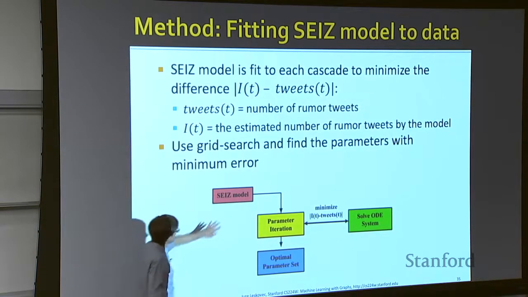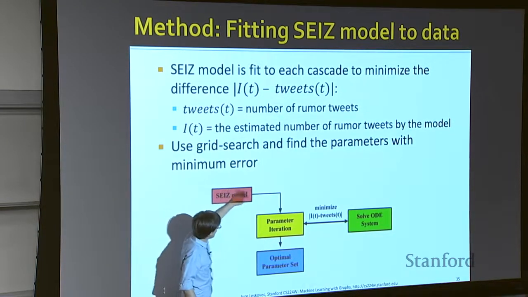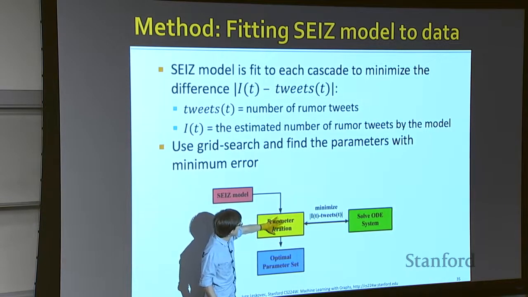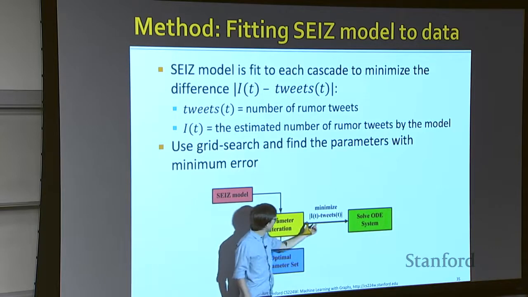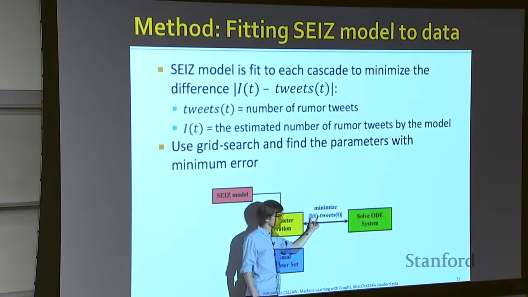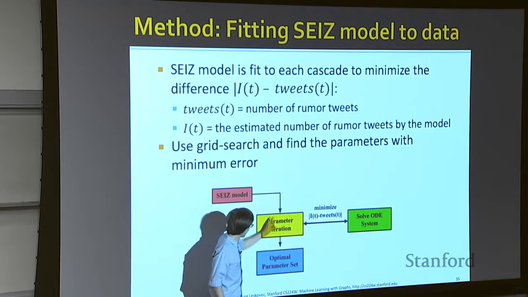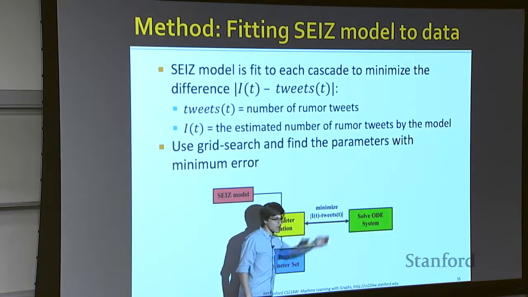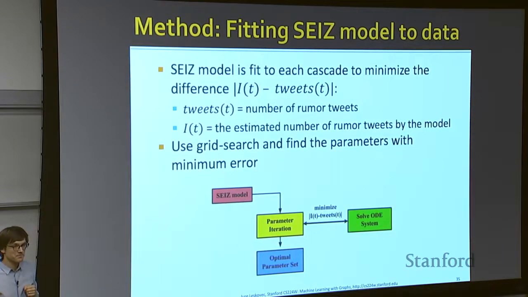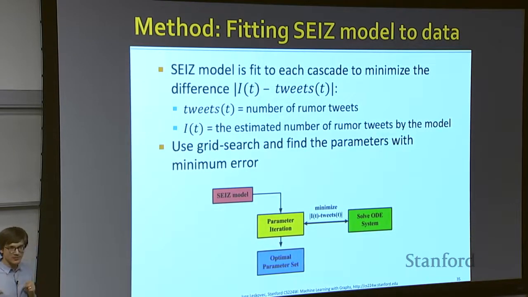So the idea is, we talked about the model, they selected the parameters, simulated the model, and so what's the error between the actual number of tweets and the predicted number of tweets by the model, and they would iterate this until this error was small over the grid search over the parameters. Okay? Is it clear what happened?